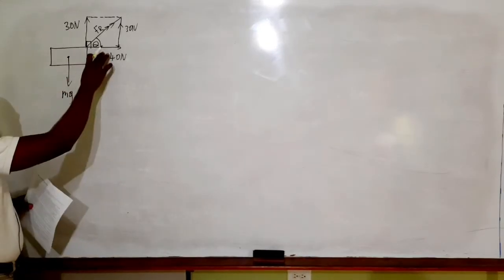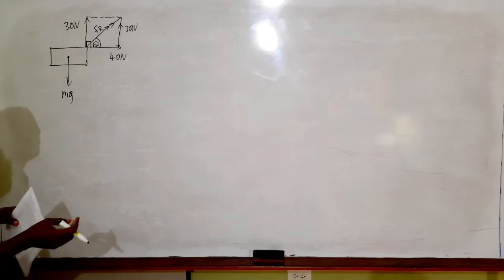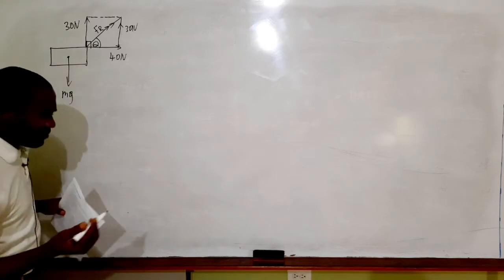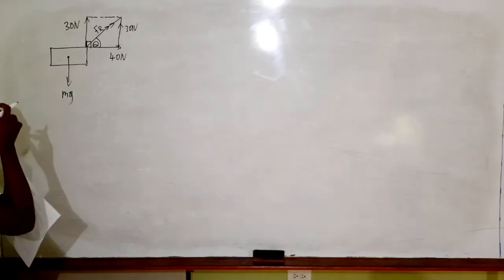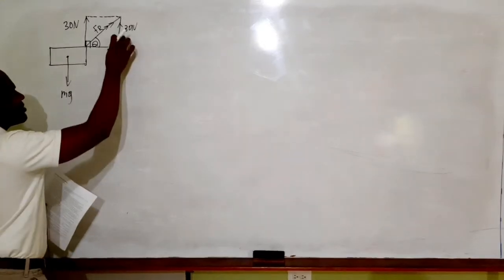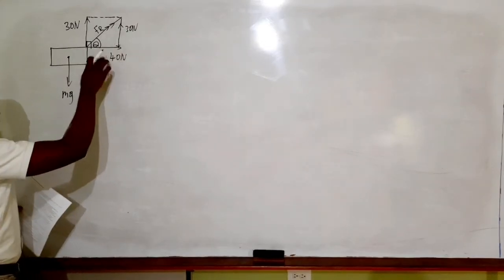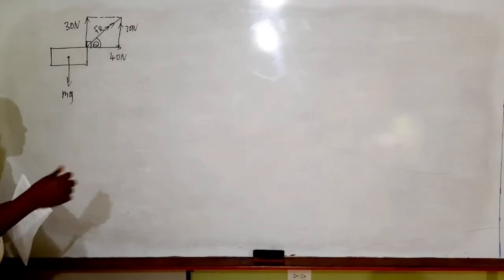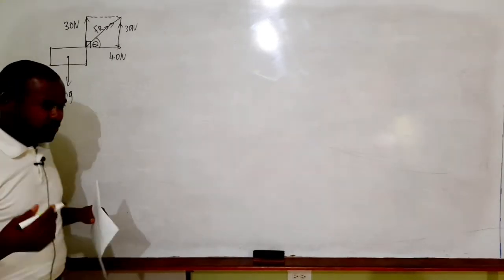Now these two forces are acting at right angles to each other. By now you should be familiar with a right angle triangle with one side 3, one side 4. These triangles are normally of the sides in the ratio 3, 4, 5.